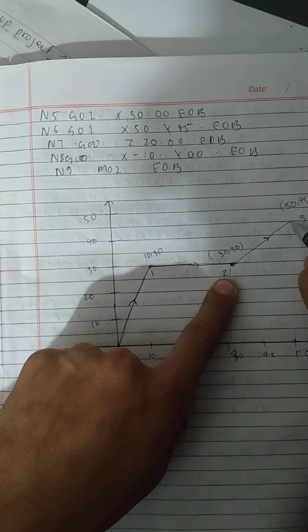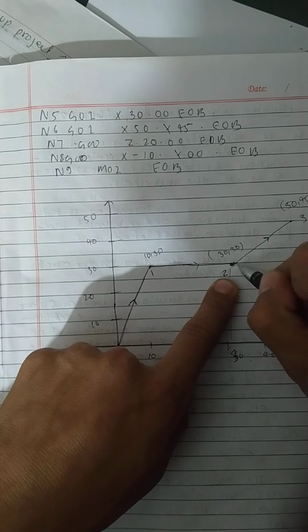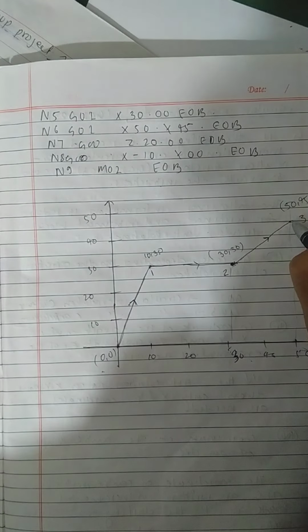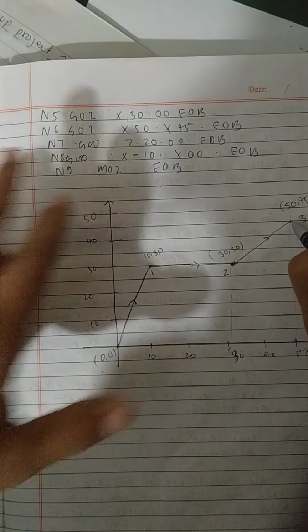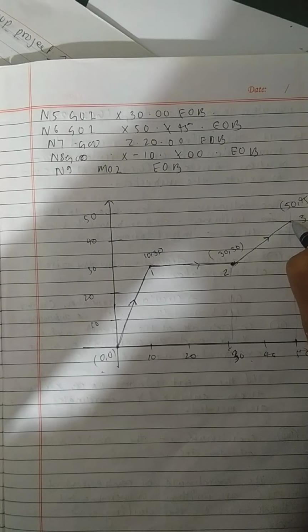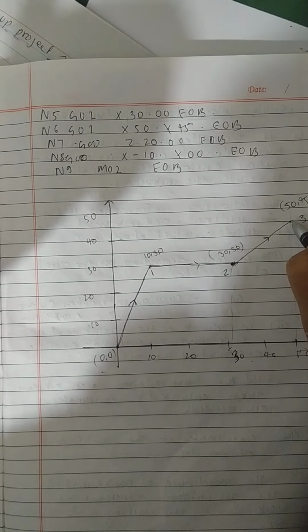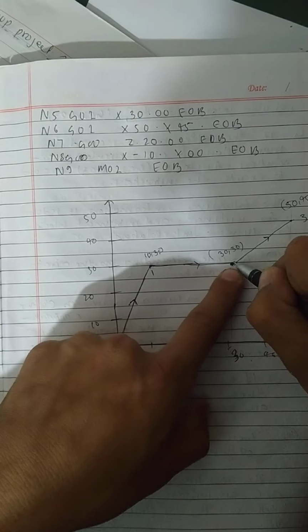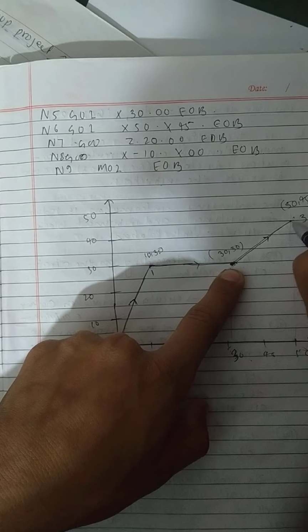To go to this point I use G01 linear interpolation, and if you have already given linear interpolation, then there is no need to write it always. To remove your confusion, I written that G01. From here to here, this is also a linear interpolation.